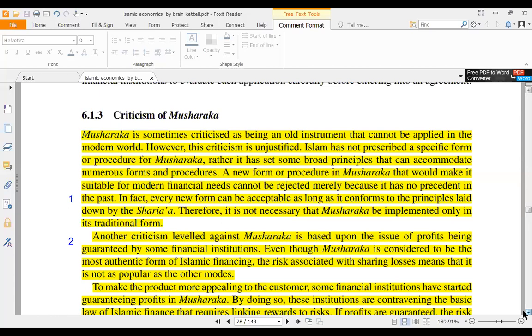When we study this mode of financing deeply, this criticism is unjustified. Unjustified because Islam did not specify a specific form of musharaka.